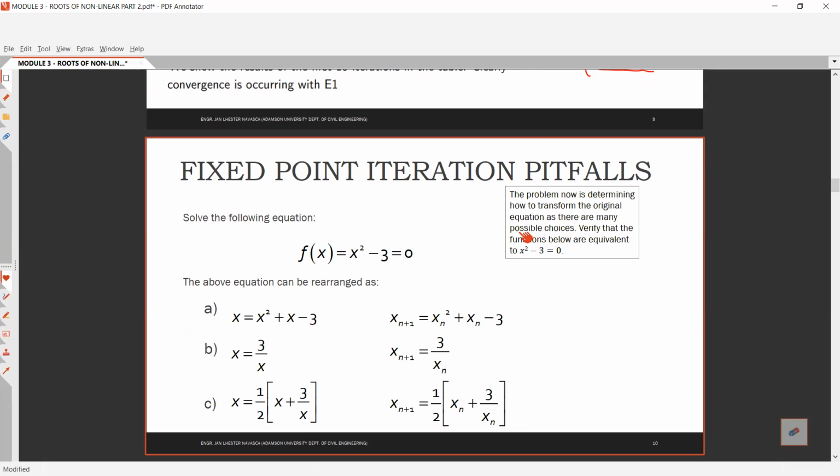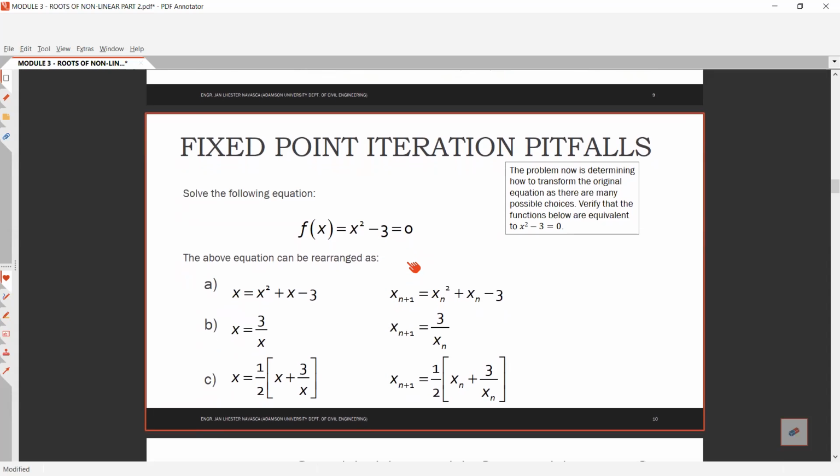For example, we have the f function, f of x equals x squared minus 3 equals 0. Solving for x, we convert it into x equals g of x. The first arrangement is x equals x squared plus x minus 3. We just added x here and added x outside.